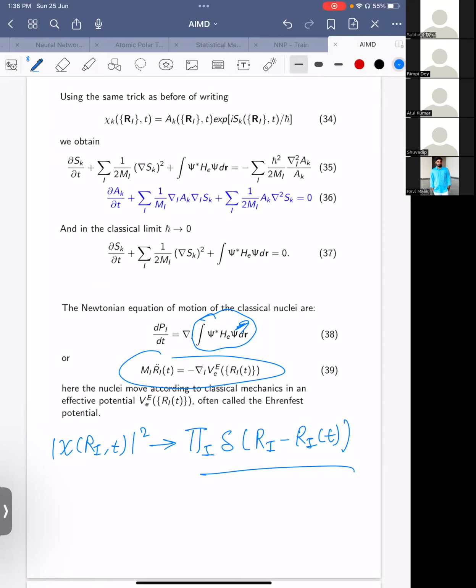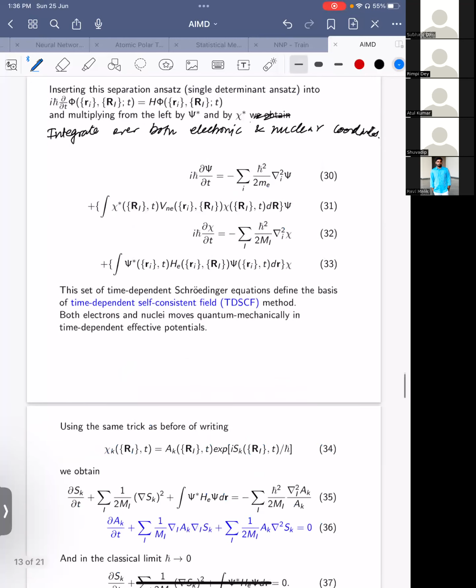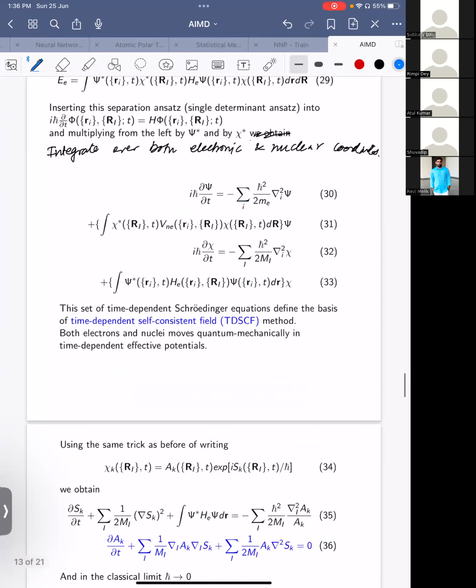Let's go to that coupled equation part from earlier. So this is the electronic part.